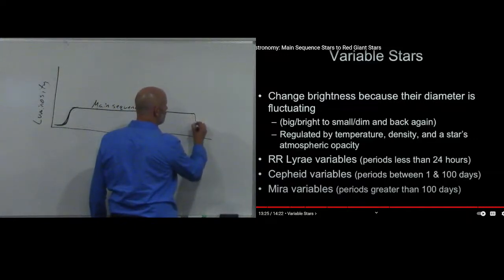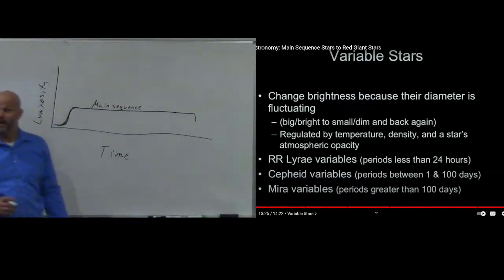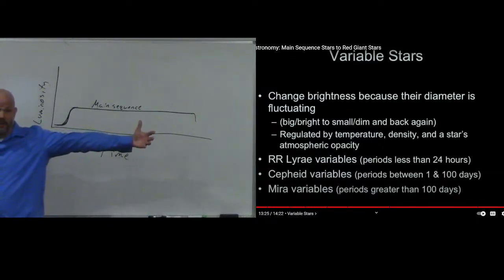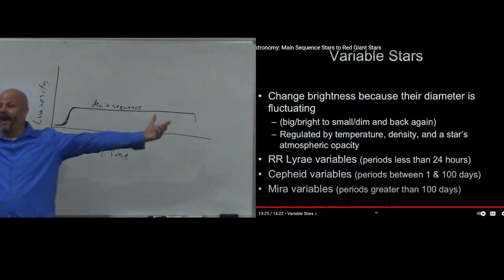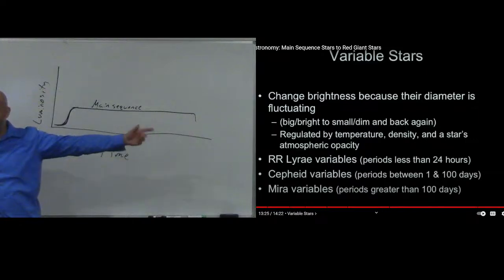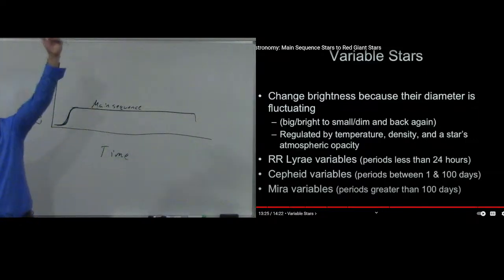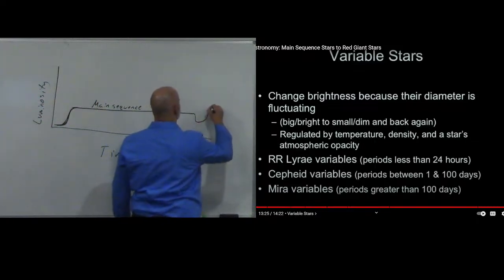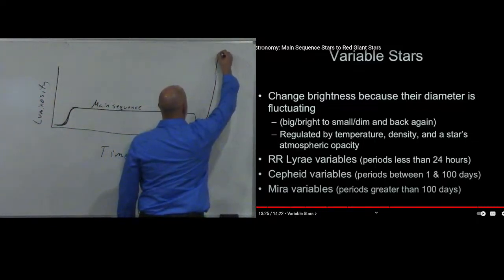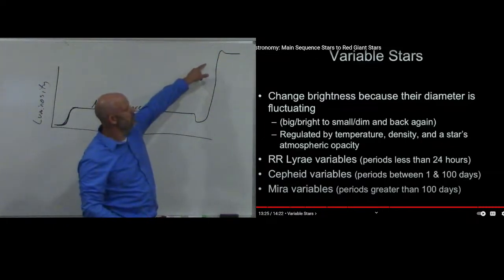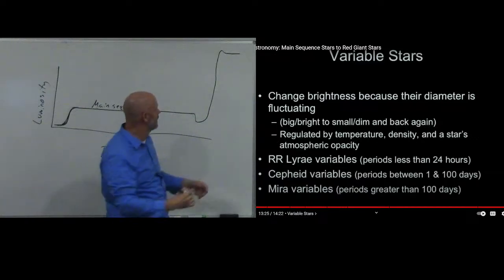Briefly. But then, once I expand, my volume increases greatly, my surface area increases greatly, what's going to happen to my luminosity? Think about where your red giants are. They're way up. So it's going to go up, though there's usually a little bit of a dip as it contracts slightly.